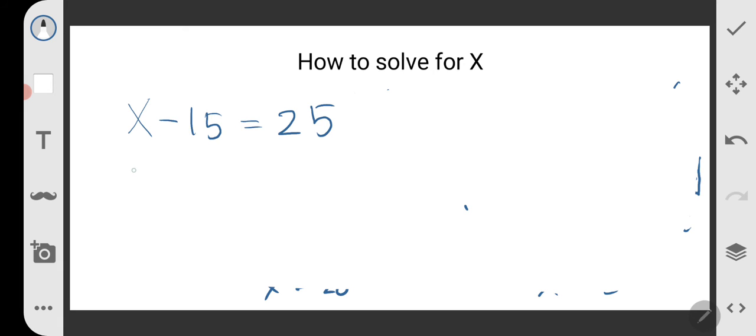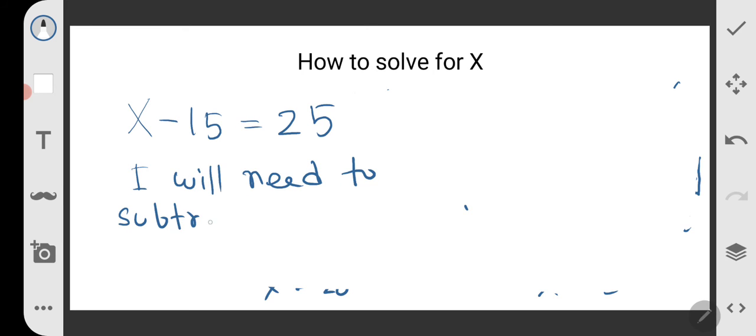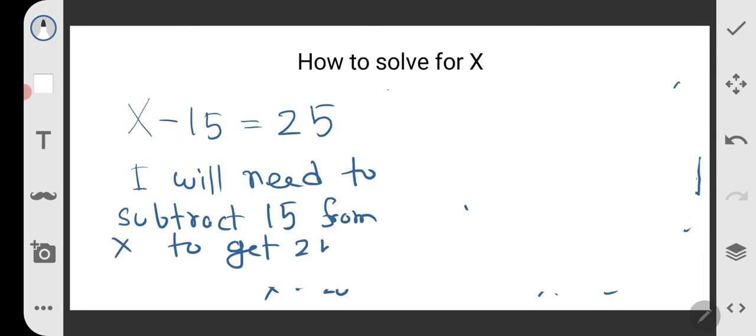So first of all, I can say, okay, I will need to subtract 15 from x to get 25. Right, so I will need to subtract 15 from x to get 25, but we want to work backwards to figure out what is x.